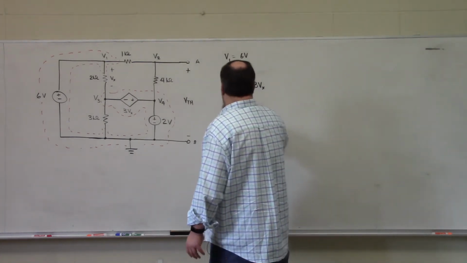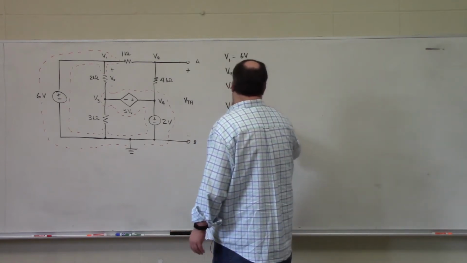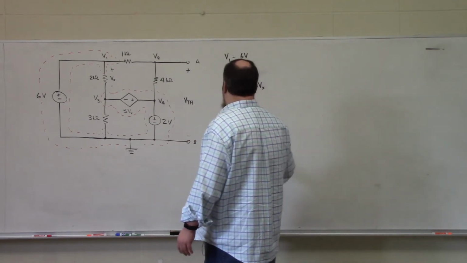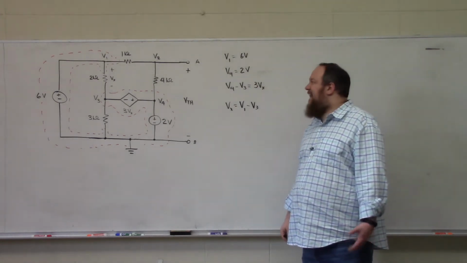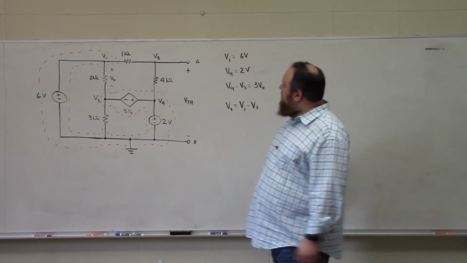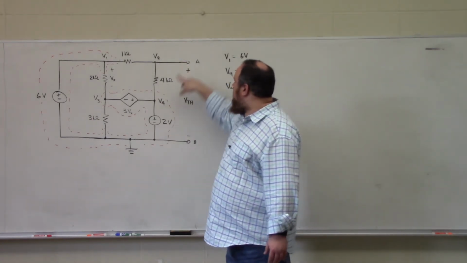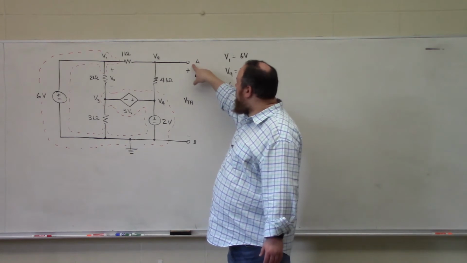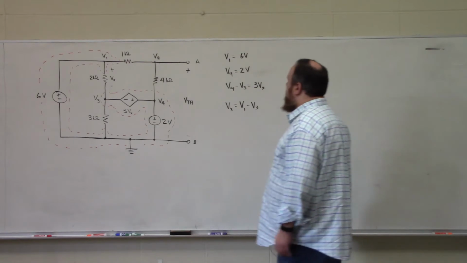While we're at it, Vx would simply be equal to V1 minus V3. Now what's interesting is that none of these voltage relationships actually help us, because our Thevenin voltage is going to be V2, the nodal voltage at terminal A, minus 0, the nodal voltage at terminal B.